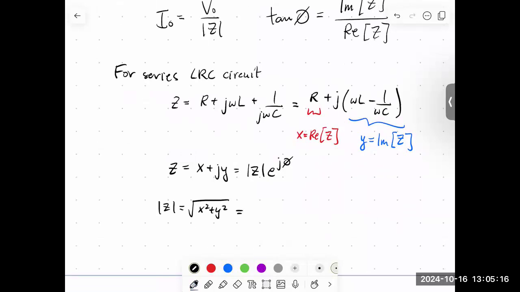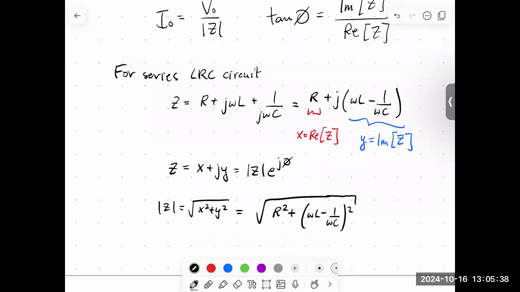But X is just R. So we end up with R squared plus Y squared, where Y is just the stuff in the brackets here squared. So it's omega L minus 1 over omega C, all squared.